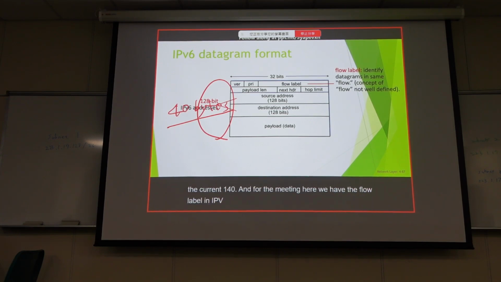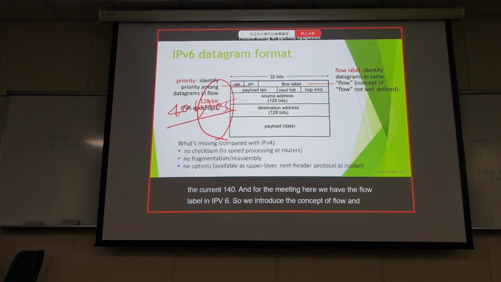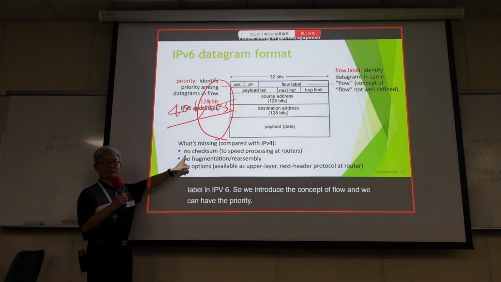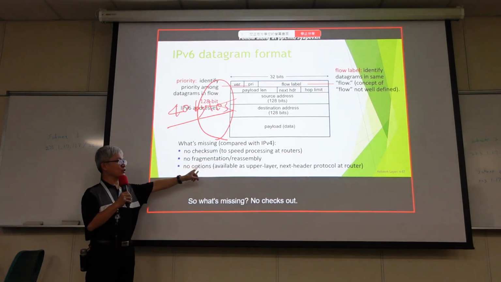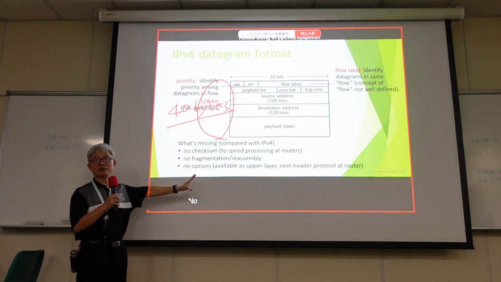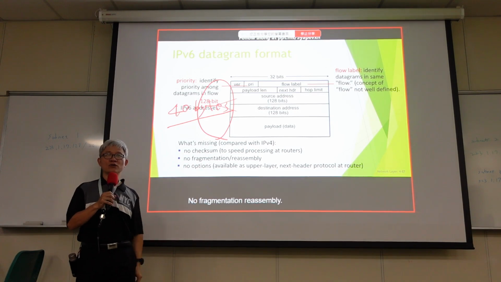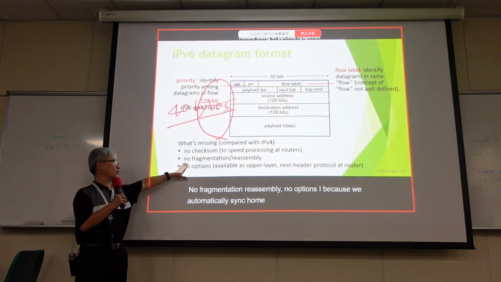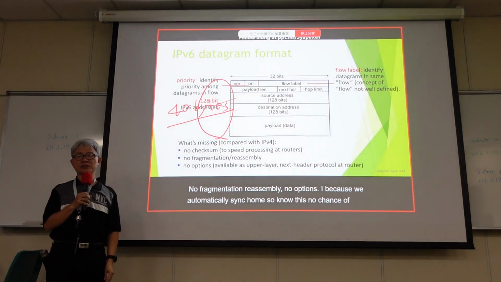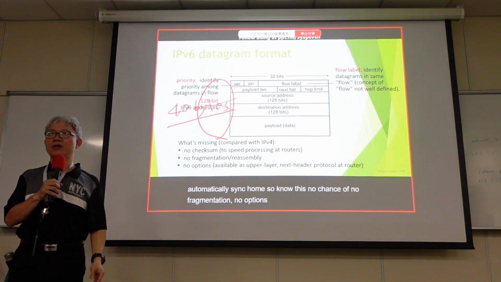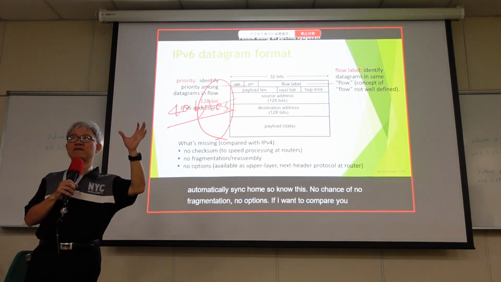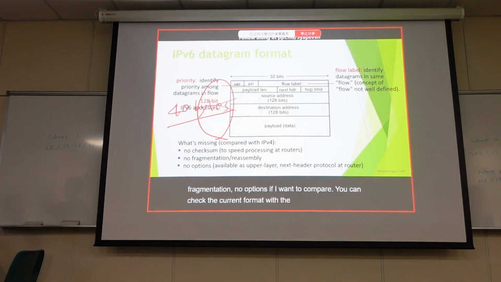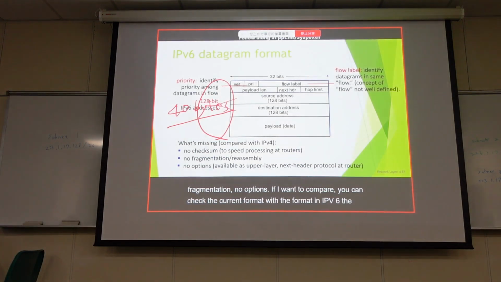So we introduce the concept of the flow, and we can have priority. So what's missing? No checksum, no fragmentation and reassembly, no options. Why? Because we want to make it simple. If you want to compare, you can check the current format against the previous IPv4 format, and suddenly you have all the details.